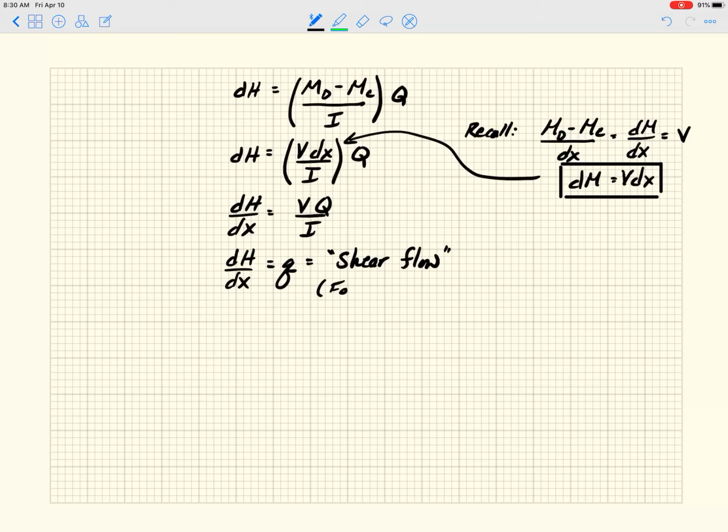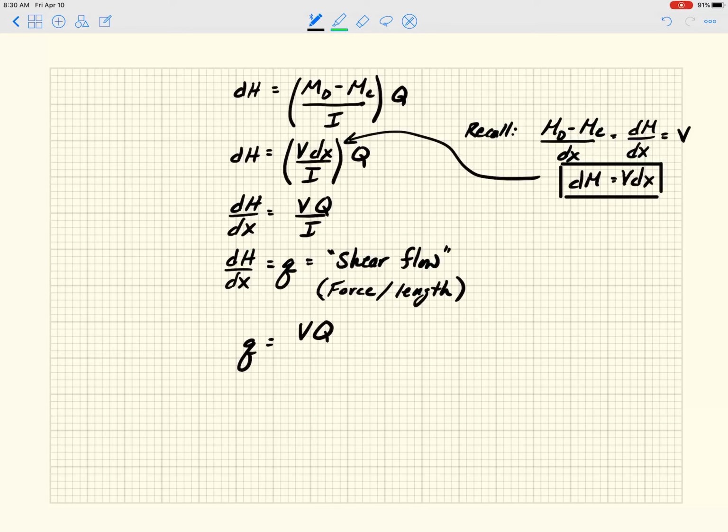It has units of force per length. So it is not a stress. It is a shear flow.